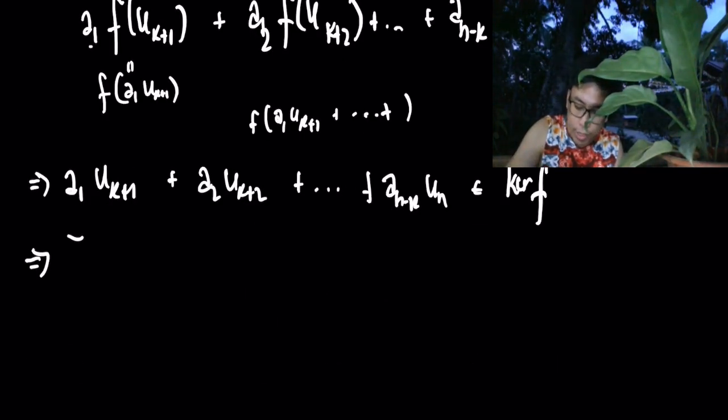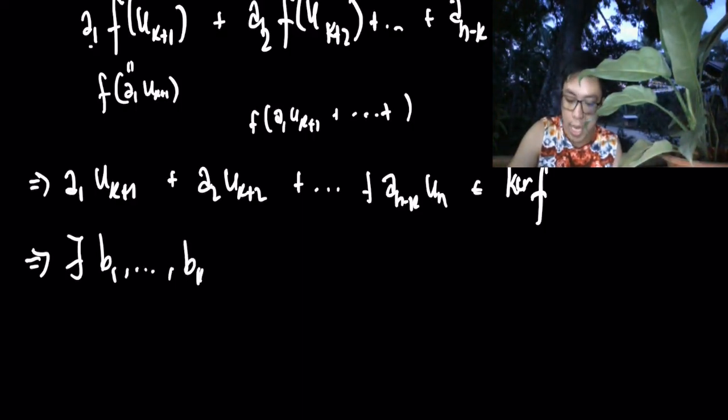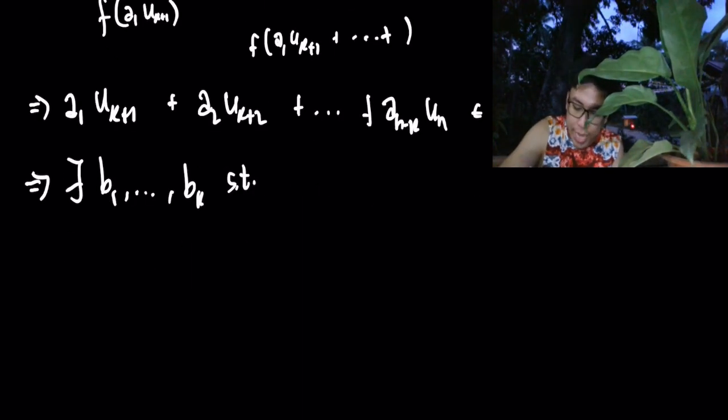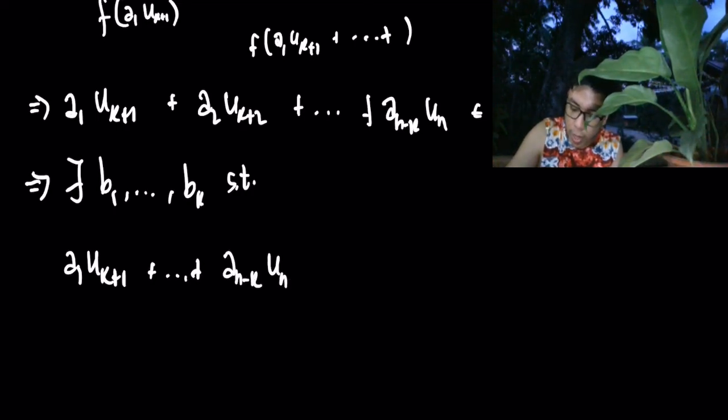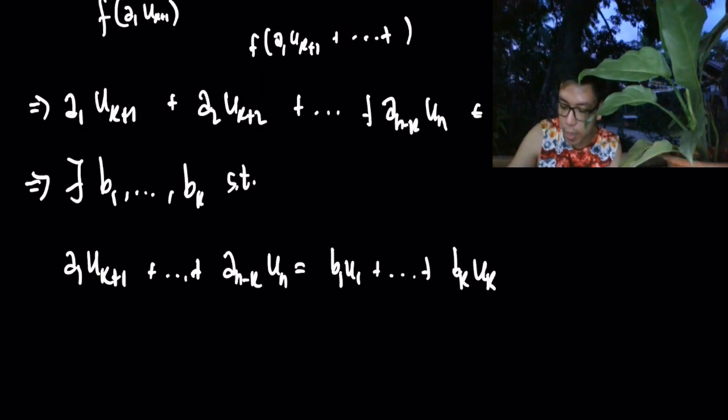Thus, there exist B1 up until BK such that A1 UK plus 1 until AN minus K UN is the same as B1 U1 up until BK UK.